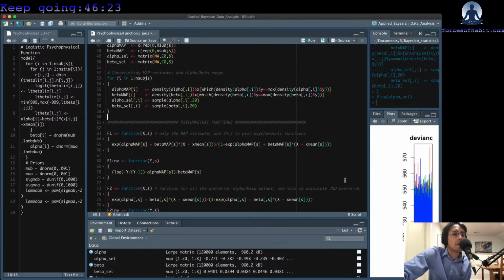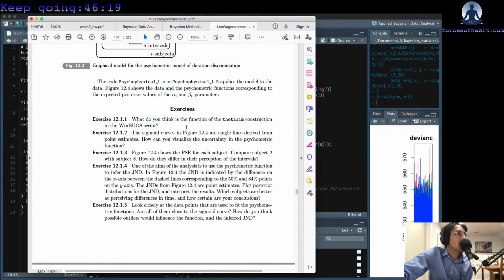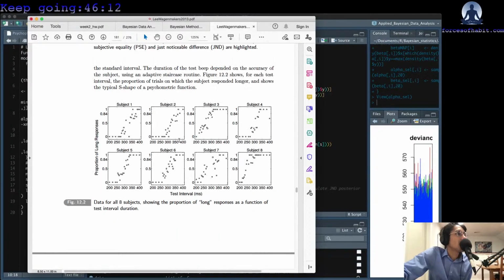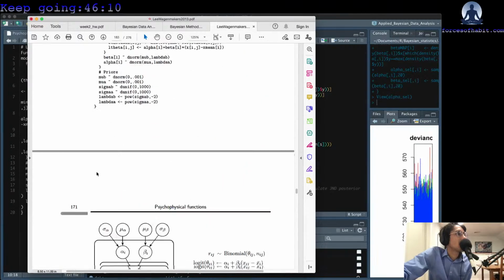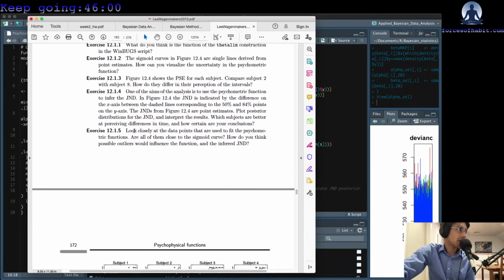So we've identified what the first thing does is that restriction for values. So the sigmoid curve in 12.4 are single lines derived from point estimates. 6.4. There we go. So we derive the psychophysical functions from the point estimates, right?